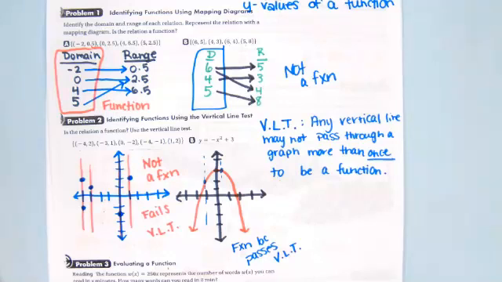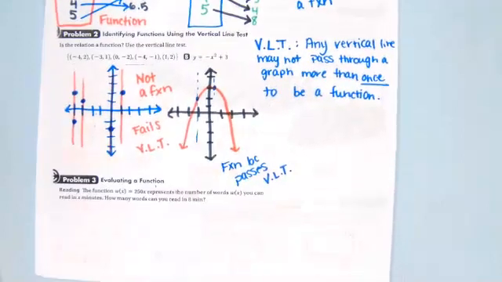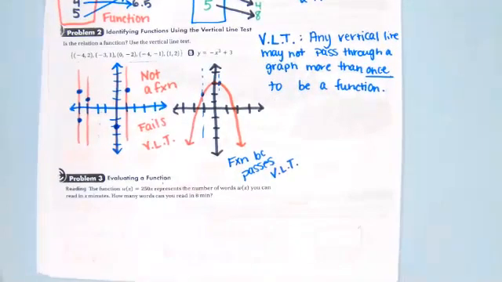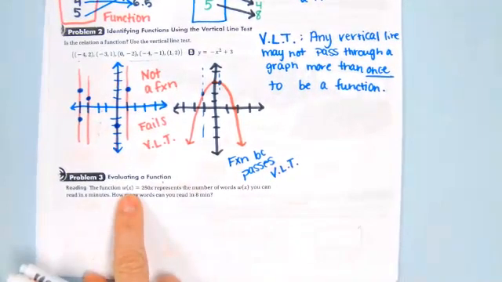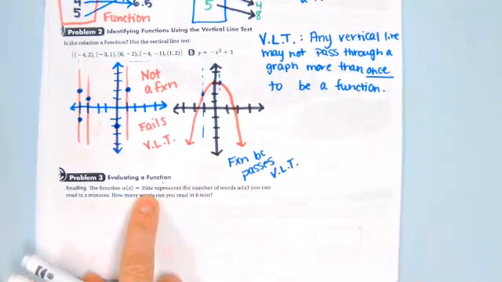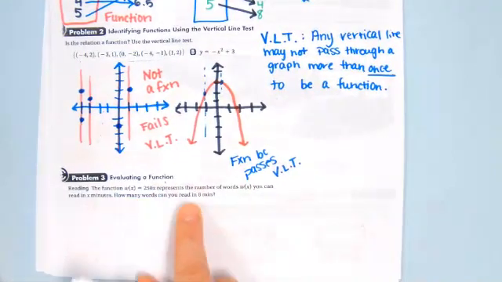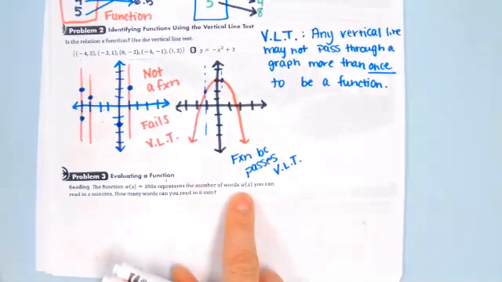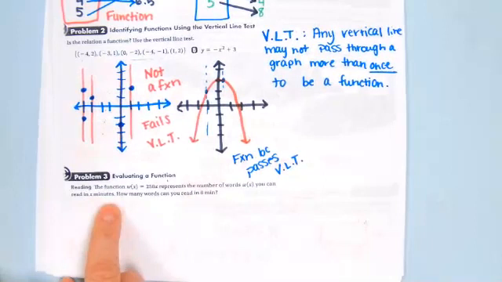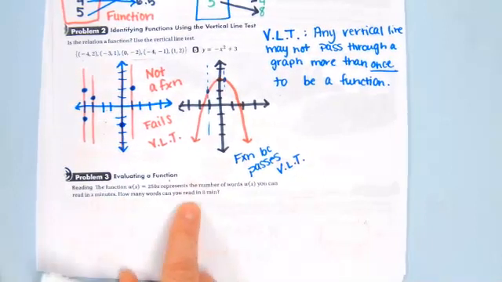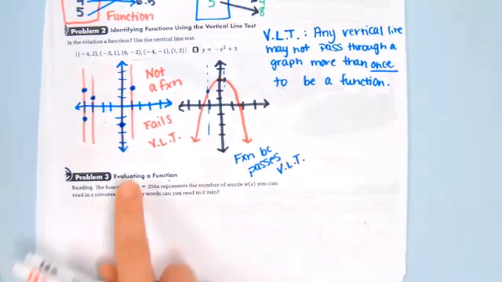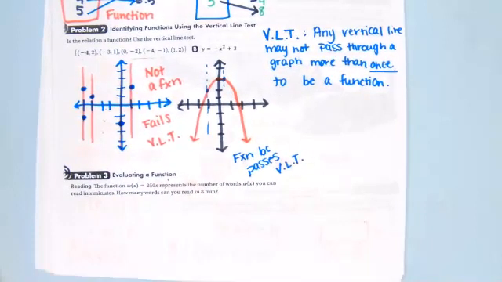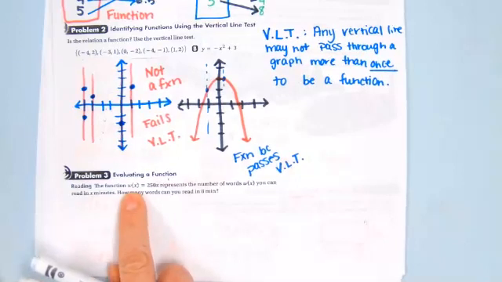So let's go. Problem 3 says that the function w of x equals 250 times x represents the number of words w of x you can read in x minutes. How many words can you read in 8 minutes? So this is evaluating a function. This is called function format.